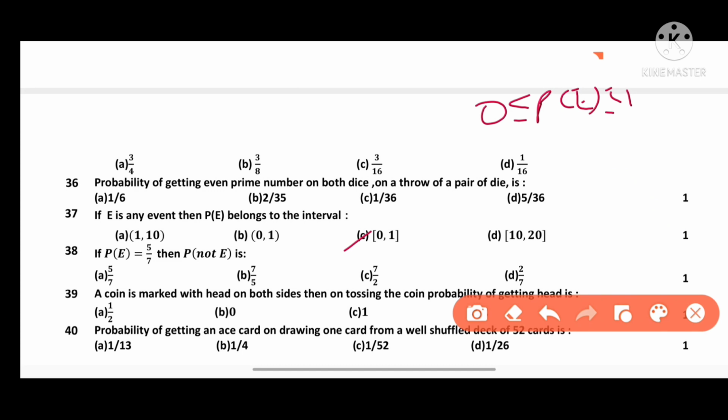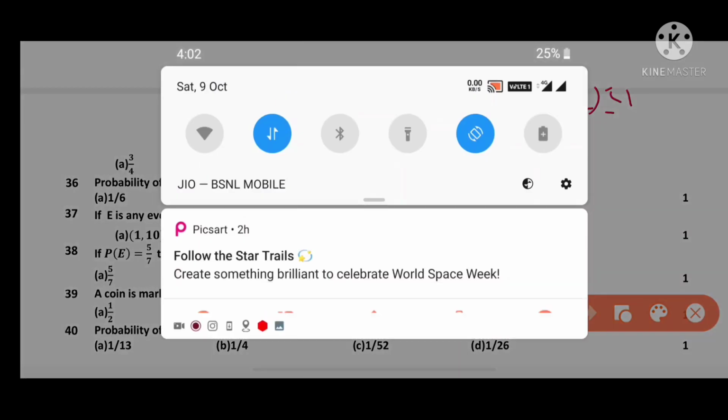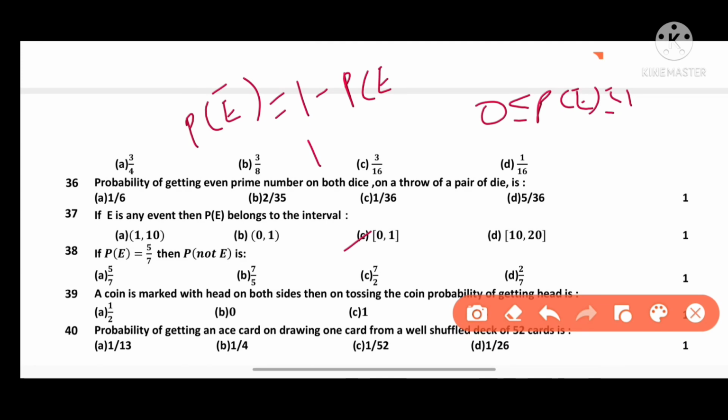Next, probability of E is equal to 5 by 7 and probability of not E is, probability of not E is equal to 1 minus probability of E, that is 1 minus 5 by 7. Now by solving this, 2 by 7. So answer is D option.